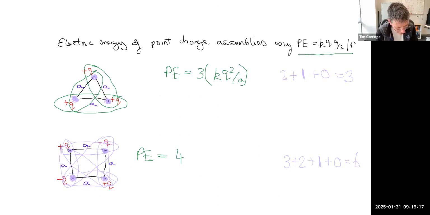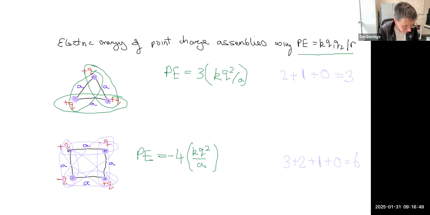Their electrical energy for each pair is the product of their charges. So that's going to be Q squared times the Coulomb constant divided by the separation A. And this is a negative contribution to the electrical energy because one charge is negative and one charge is positive. So I put the minus sign here. That's the contribution from the charges nearest to one another, separated by a distance A.